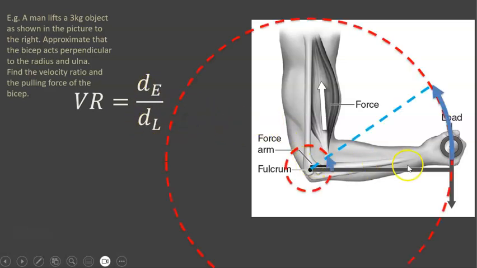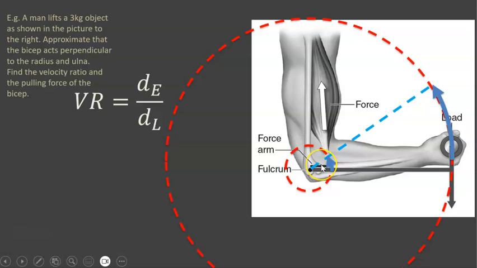These things move in a circular motion about the fulcrum, the pivot point at the elbow. A small movement from the effort results in a larger movement of the load, and it doesn't matter how far it moves, the relationship is pretty clear.